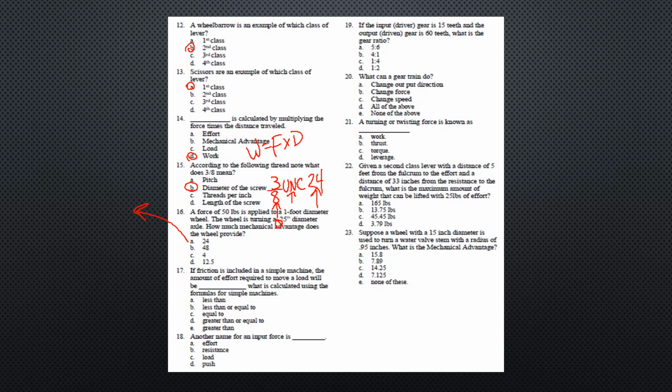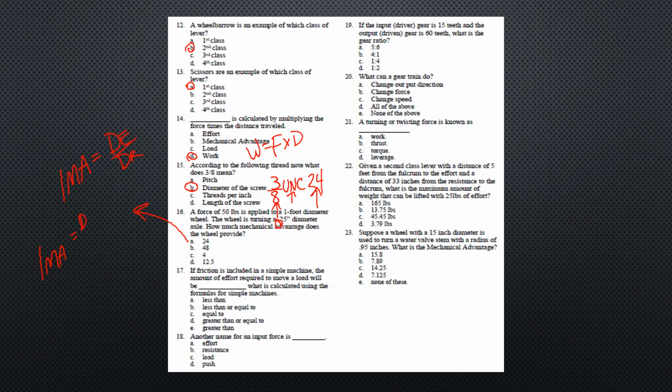So my IMA is going to be equal to dE over dr. In this case, since it is a wheel and axle, we need to make our effort and our resistance something that we are going to be able to use.